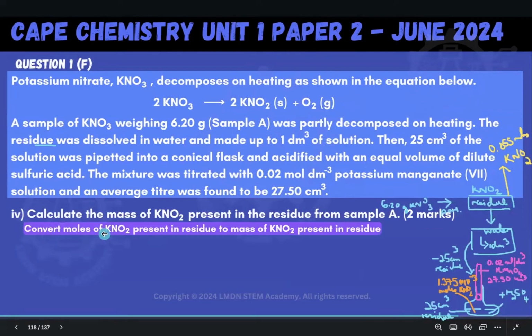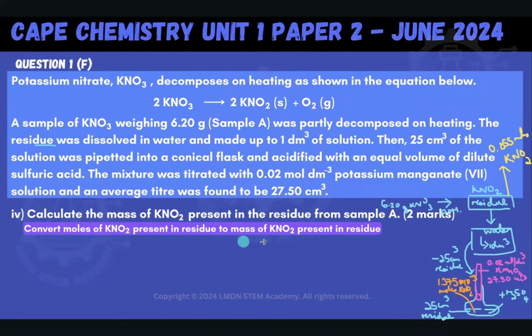So we're going to convert the moles of KNO2 present in the residue to mass of KNO2 present in the residue. We're going to take these moles and multiply that by the molar mass. That's how we find mass: mass is equal to moles times molar mass.